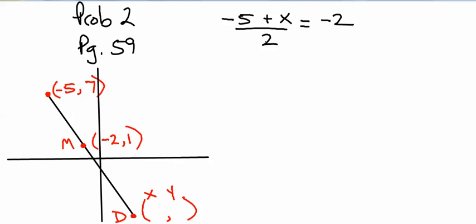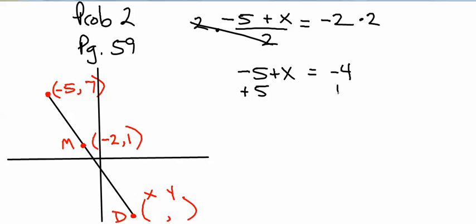So, we can get rid of the 2 in the denominator by multiplying both sides by 2. These 2's cancel out. -5 plus X equals -4. Add 5. So what is X going to be at the endpoint? X is going to be 1. So that value is 1 at that endpoint.